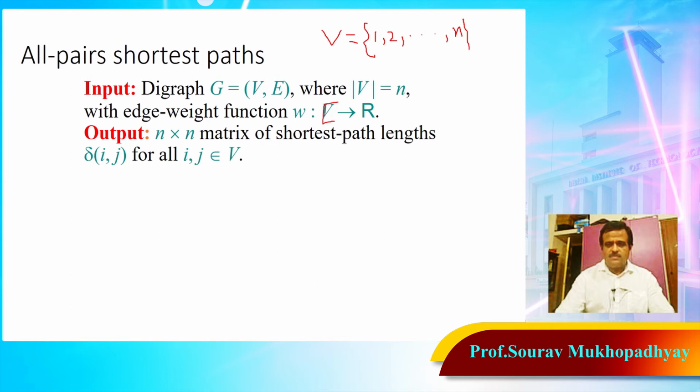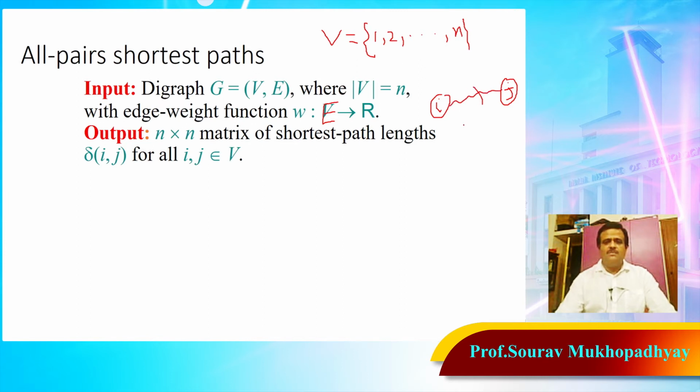This is the setup, the edge weight E to R, and the output will be all pair shortest path. Given any two vertices, this is delta of i comma j. You must get a delta if it exists, otherwise it will be infinity. So this is vertex i, vertex j, any two vertices, because vertices are numbered from 1 to n.